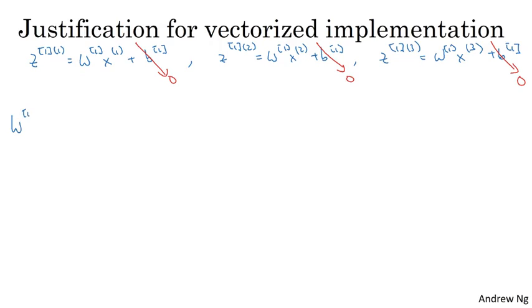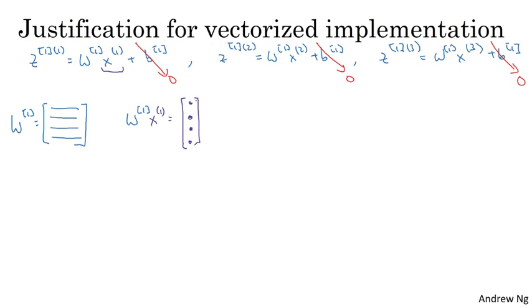Now, W1 is going to be some matrix, so I have some number of rows in this matrix. If you look at this calculation, W1 times x1 gives you some column vector, which I'm going to draw like this.